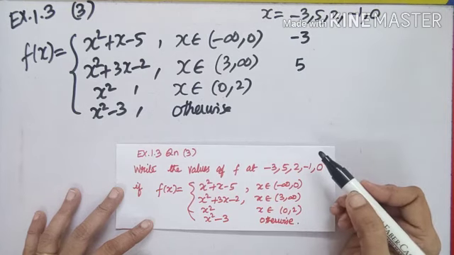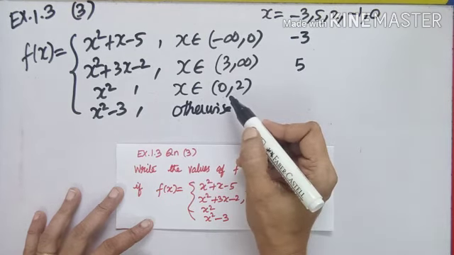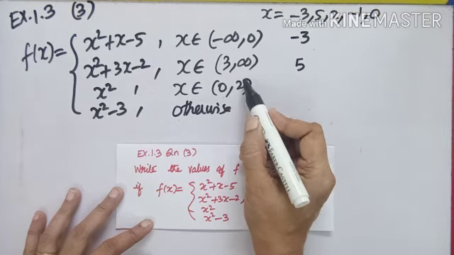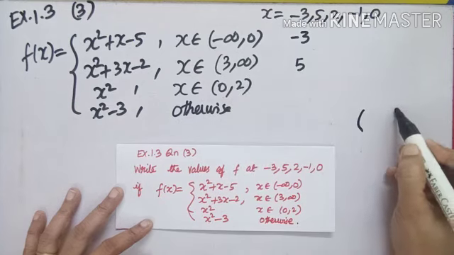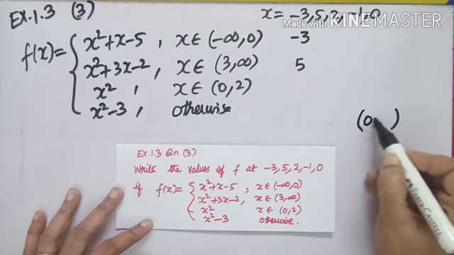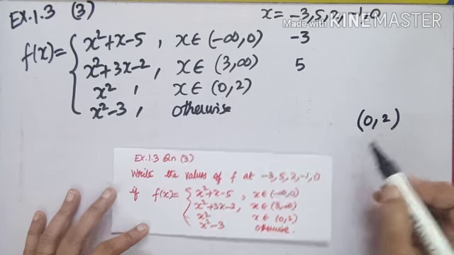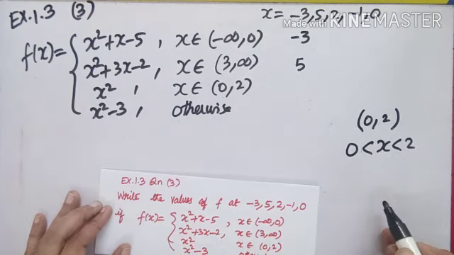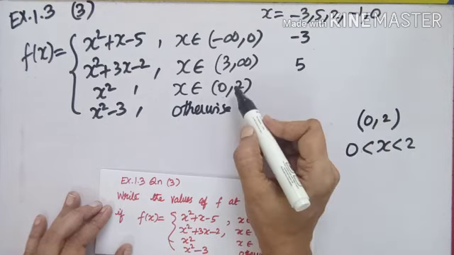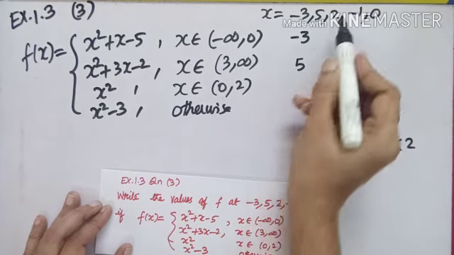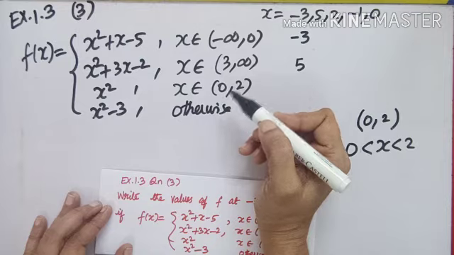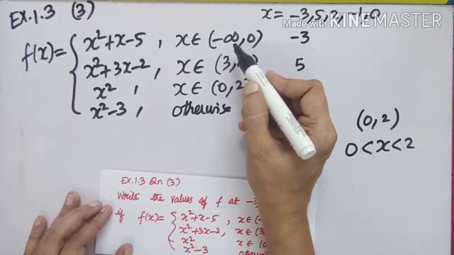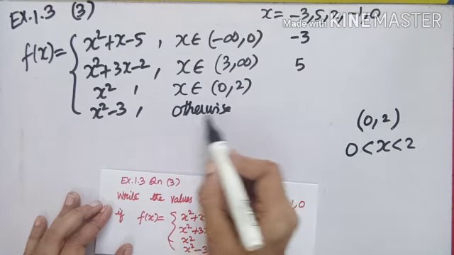2, where will 2 come? Will it come here? What interval is given? Round bracket tells me 0 to 2, all the numbers inclusive, but 2 is not inclusive. So 2 does not come here. 2 is not more than 3. 2 is not below 0 also. So where will 2 come?